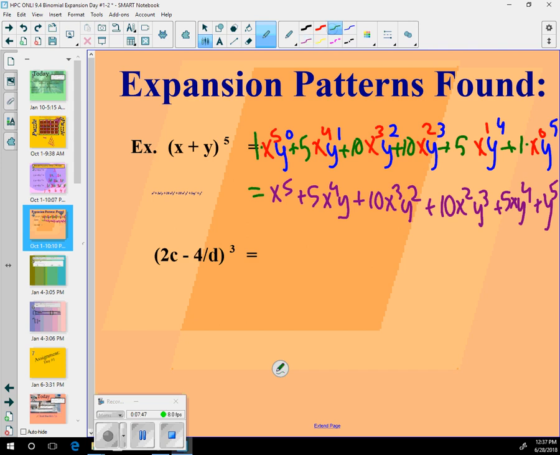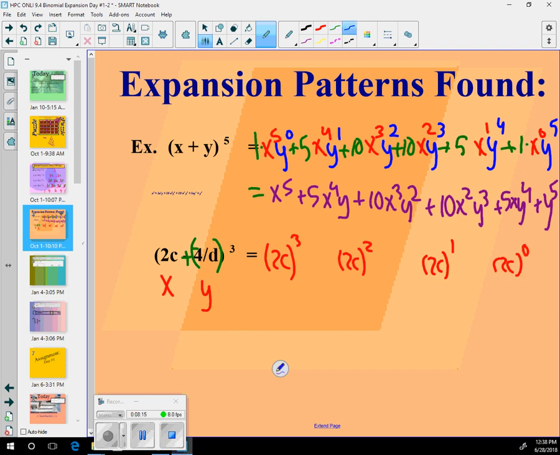But let's say we have something that's a little more complicated, 2c and negative 4 over d to the third. No problem. We're going to start off with descending x's. Call this x, call this y. 2c to the third, 2c to the second, 2c to the first, 2c to the 0.